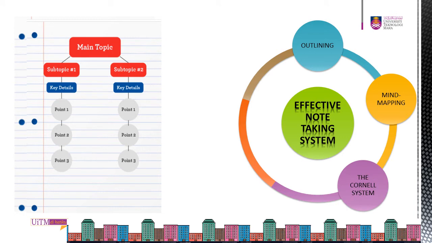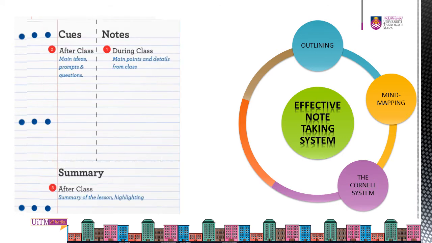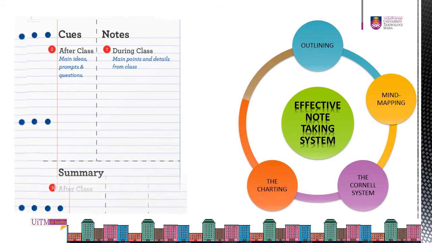Next one is the Cornell system. This is a very structured system whereby you divide the notes into three parts: cues, notes, and summary. Cues are more towards keywords, notes are the elaboration, and then at the bottom you do the summary.